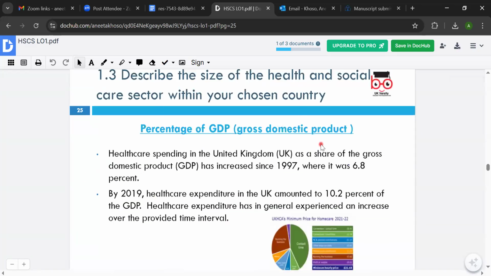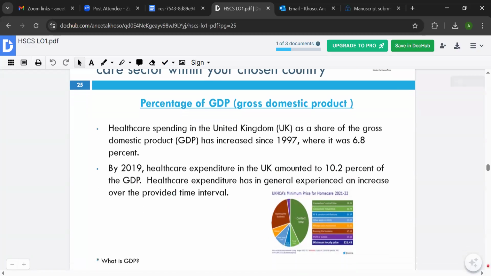Then the percentage of gross domestic product, the product that is produced within the country. Healthcare spending in the United Kingdom as a share of GDP has increased since 1997, when it was 6.8%. By 2019, healthcare expenditure in the UK amounted to 10.2% of GDP. This graph shows how much increase there was, and most of it was because of healthcare.